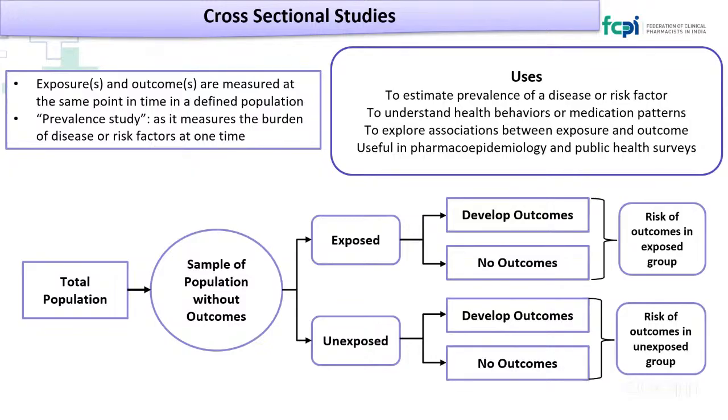Does the patient with hypertension have a heart attack? So both our exposed and unexposed groups will be looked at for the outcome of heart attack, and we will see, for that point of time, whether they develop the outcome or not. And we will analyze the risk of outcome and exposure in both groups.